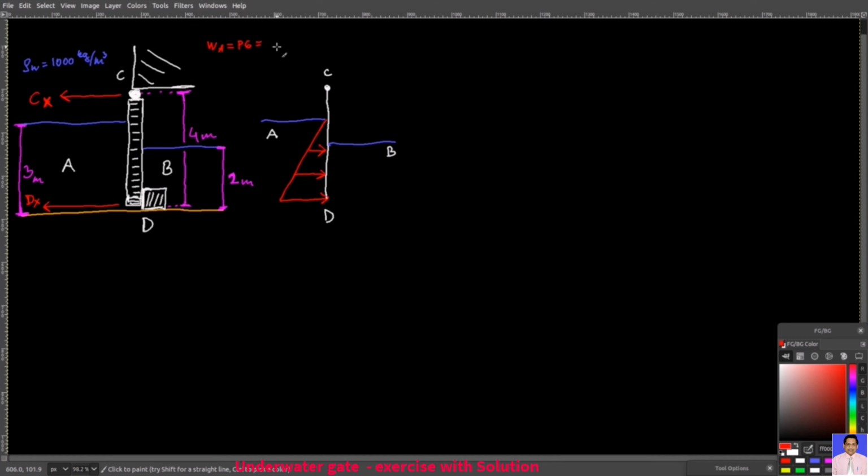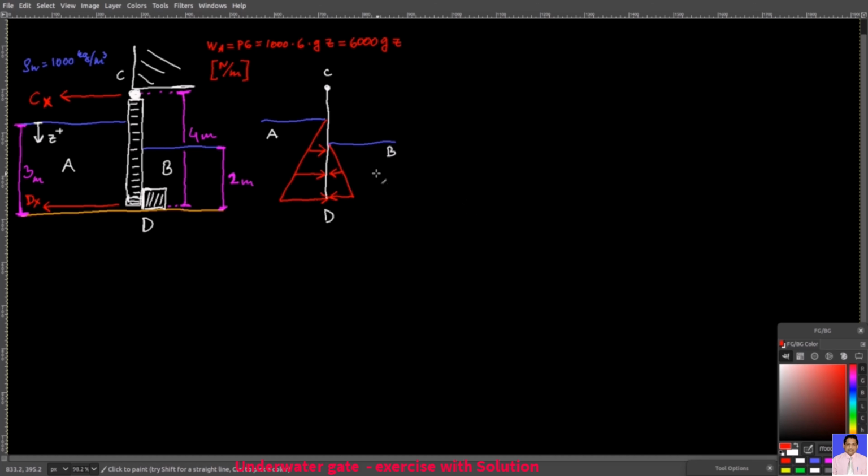So you have WA equals 1000 times 6 times G times Z. Z was the depth. We assume that Z is positive as you go down. And of course it's in newtons over meter. So in total it's 6000 times G times Z.